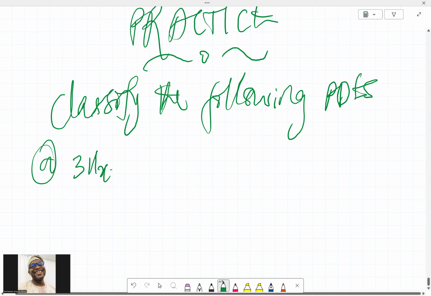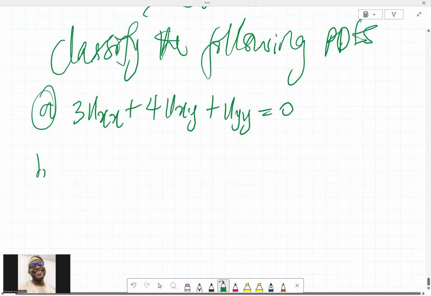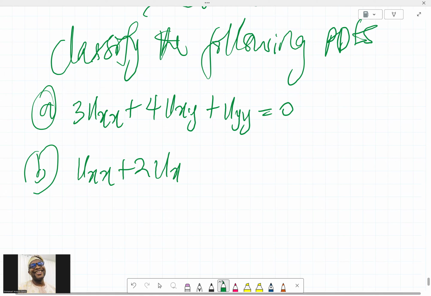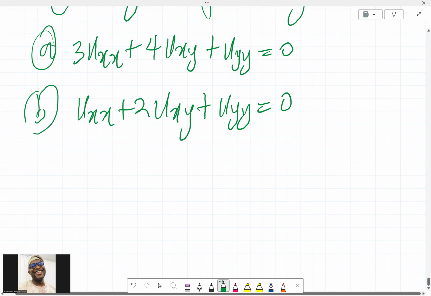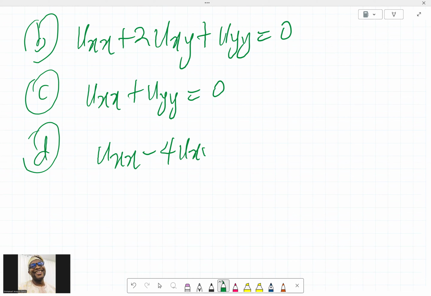So A, you have 3u_xx plus 4u_xy plus u_yy equals 0. B, you have u_xx plus 2u_xy plus u_yy equals 0. Then C, u_xx plus u_yy equals 0. Then D, you have u_xx minus 4u_xy plus 4u_yy equals 0.